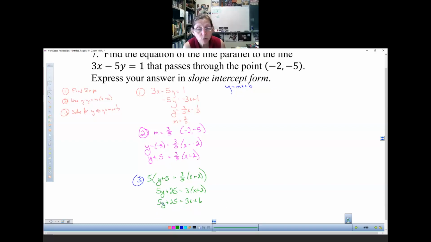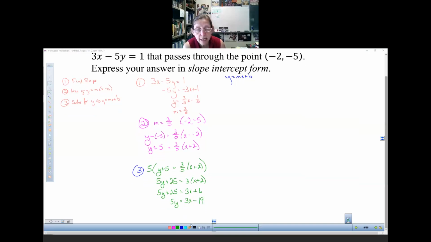Now I'm going to subtract 25 from both sides. That's going to give me 5y is equal to 3x minus 19. And then I'm going to divide both sides by 5, and I get y is equal to 3/5 x minus 19/5.